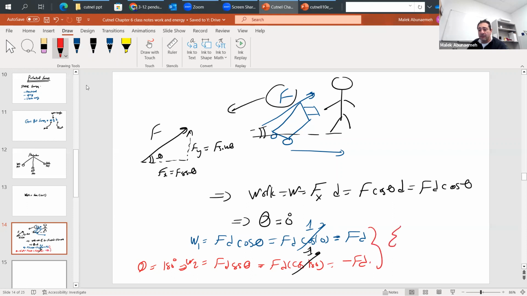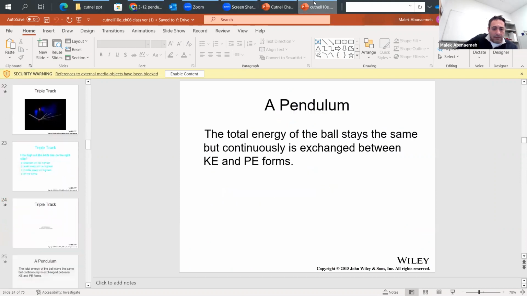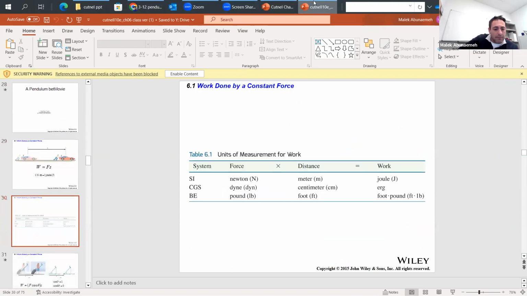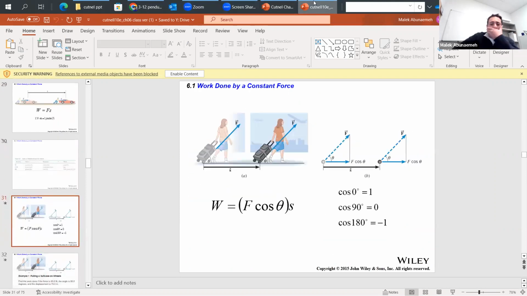From these two, your total work is your work 1 plus your work 2, which is FD minus FD, which equals 0. And this is exactly what we have over here.